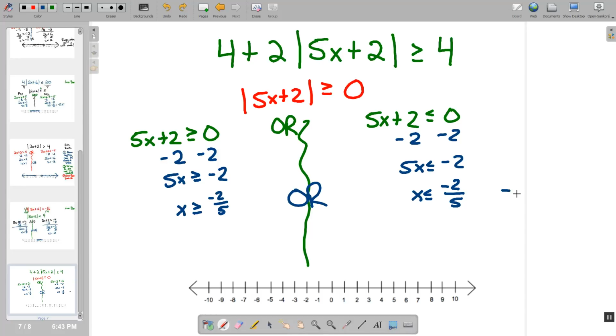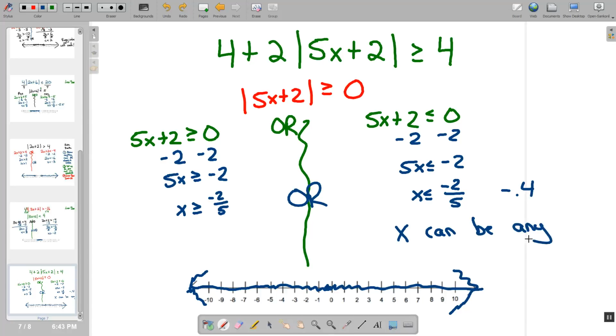Negative 2/5, that's the same as negative 4/10 as a decimal, which is right about there with a closed circle. This side is going to have me shade bigger than the number, and this side is going to have me shade smaller than the number. And it looks like to me every single number is filled in here. So we're going to say that x can be any real number.